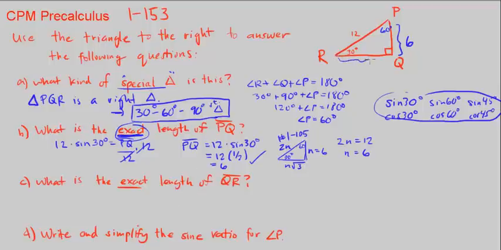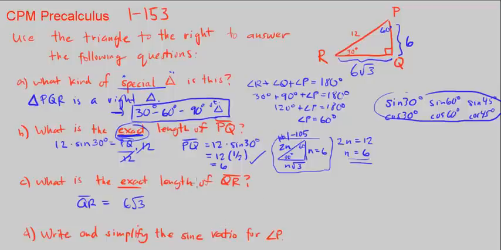So what is this side here? Again, we can use this triangle. If n is 6, then n times square root of 3 is 6 square root of 3. So QR is equal to 6 square root of 3 units.